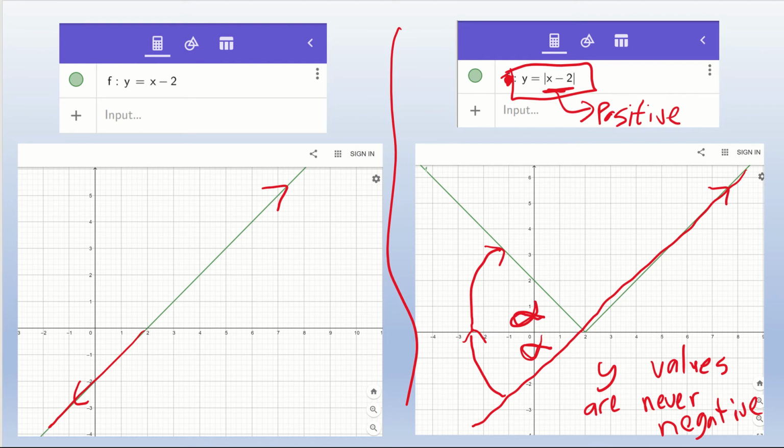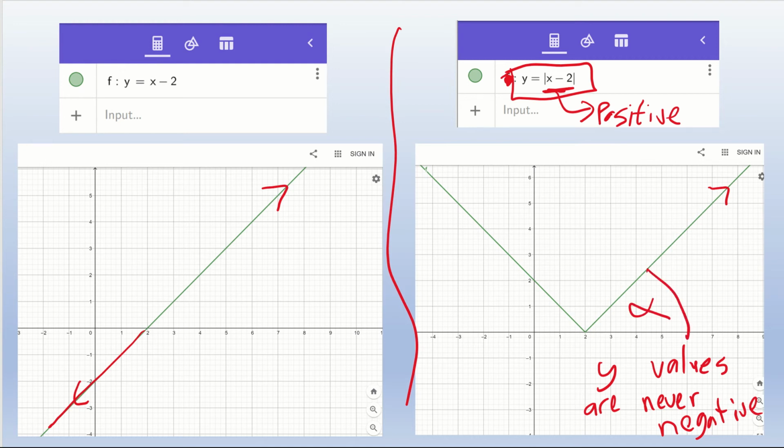Another way of looking at this, and I'll just get rid of that, is that this angle here is going to be the same as this angle over here. So just something to be aware of. It might help you out in a question or two. But just so you know, and I'll just get rid of my red lines here.